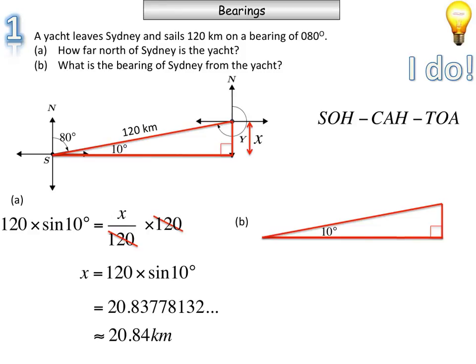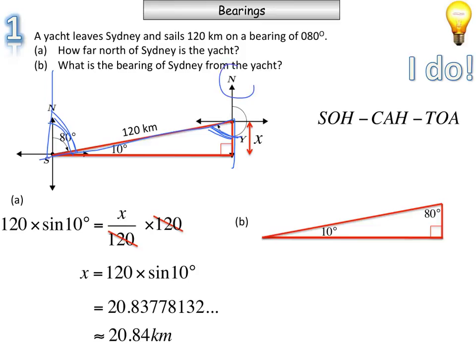Okay, so if this angle here is 10 degrees, what is this angle going to be up the top? The angle sum of a triangle indicates that it's 80 degrees. We can also see that we've got alternate angles, so this angle here is equivalent to that angle there. Alternate angles on parallel lines are equal.